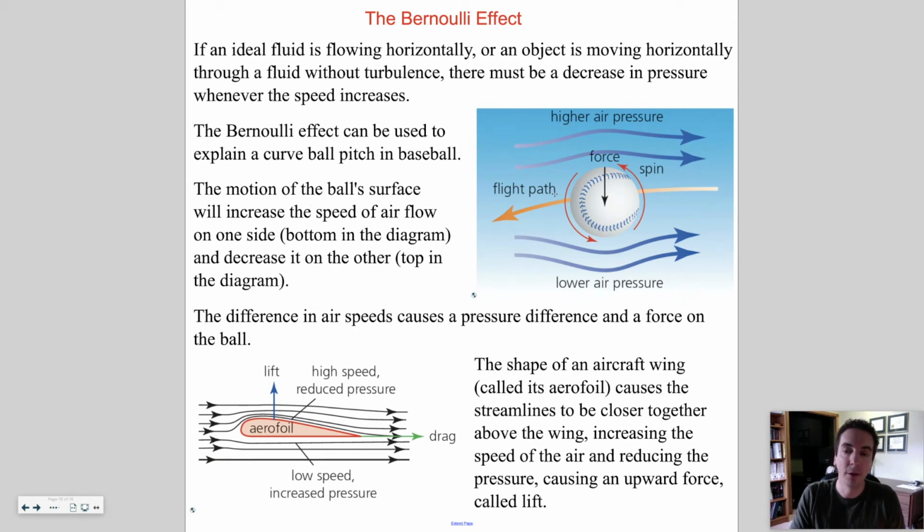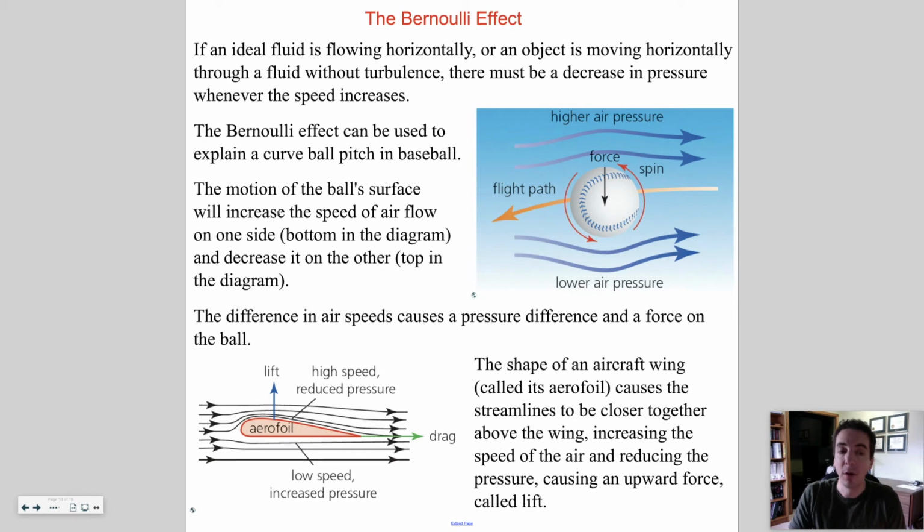So let's say a baseball player puts a spin on a baseball as it's flying through the air. So here we've got a baseball flying to the left across our screen, and we have a clockwise or counterclockwise rotation like this.